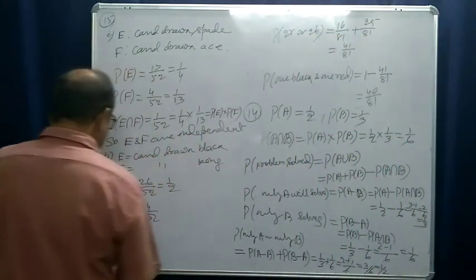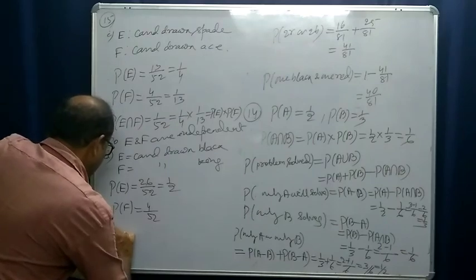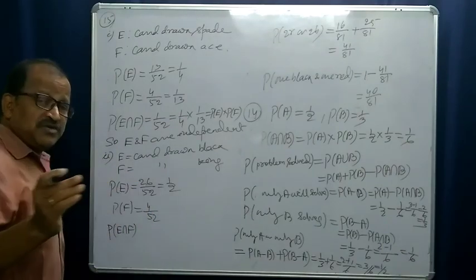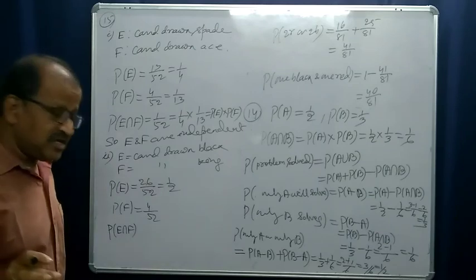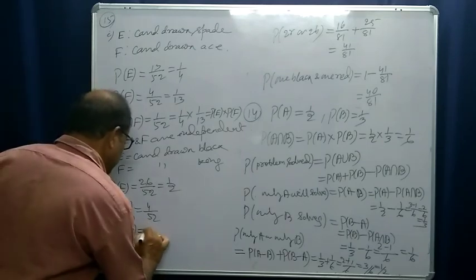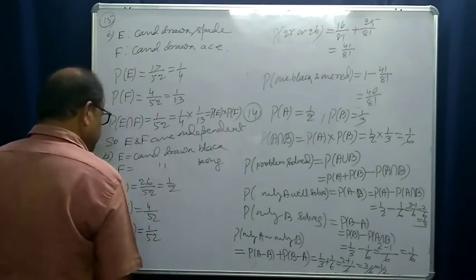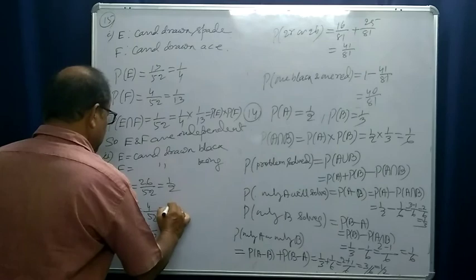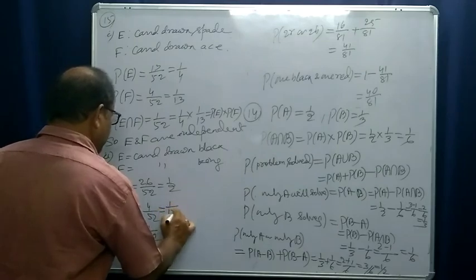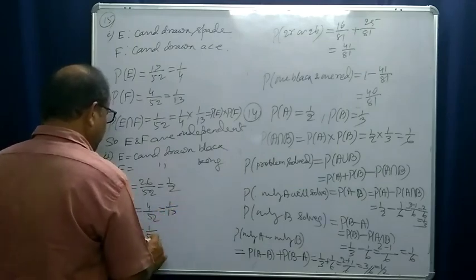And what is probability of E intersection F? The card must be black and it must be a king. That means how many cards are there? Only one card out of 52, so 1 by 52.